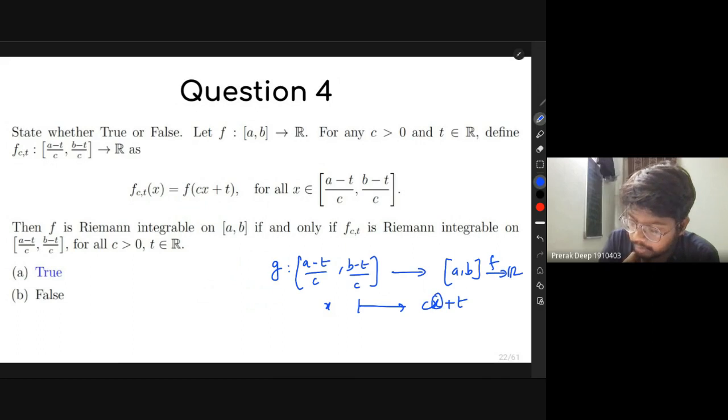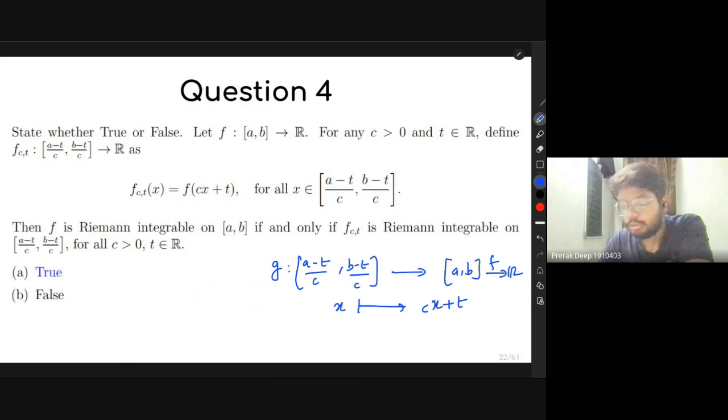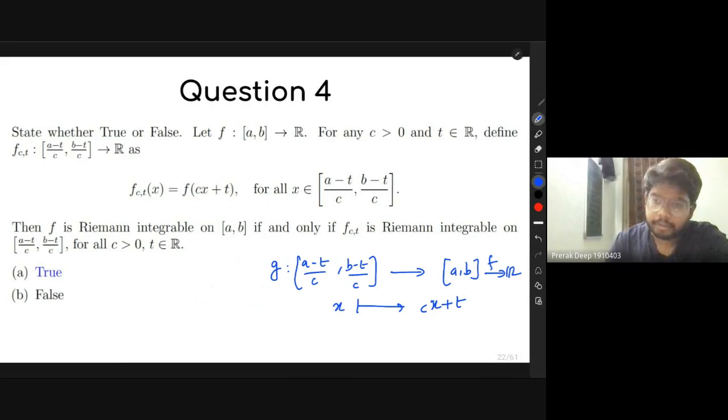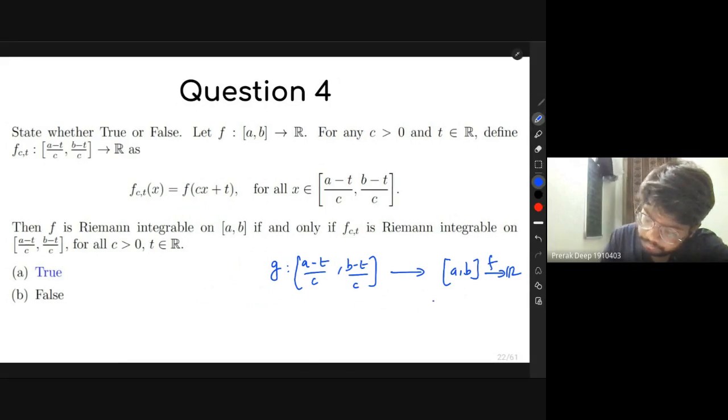Now x has to be of this form, and you replace these values, you get [a, b]. That's what the idea here is.